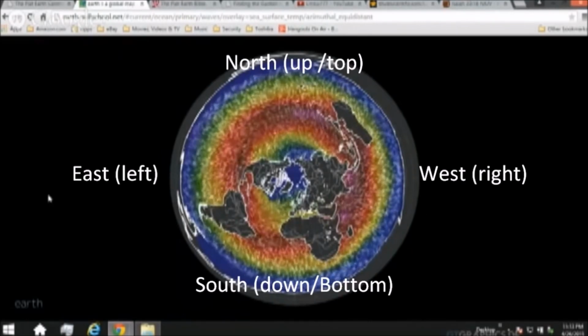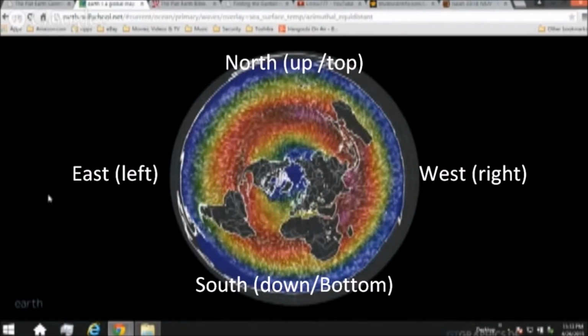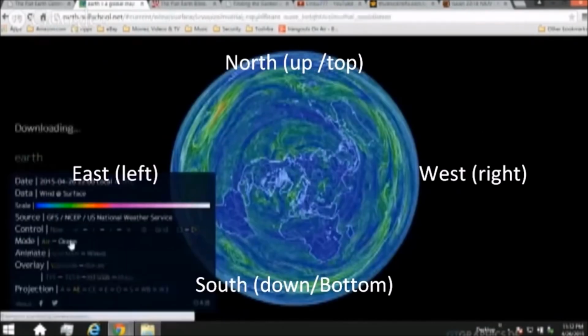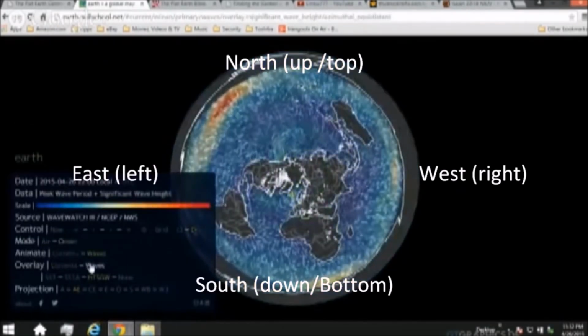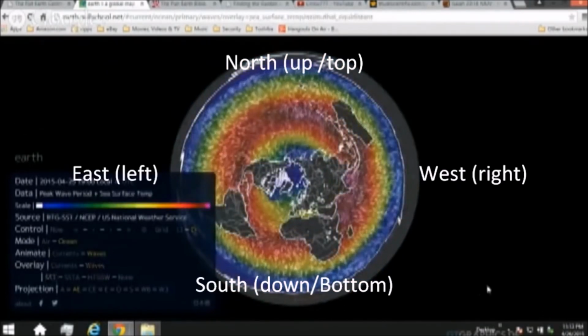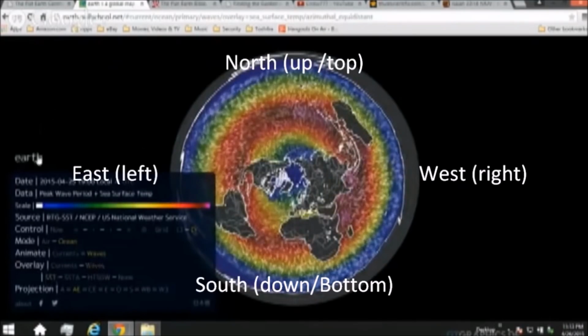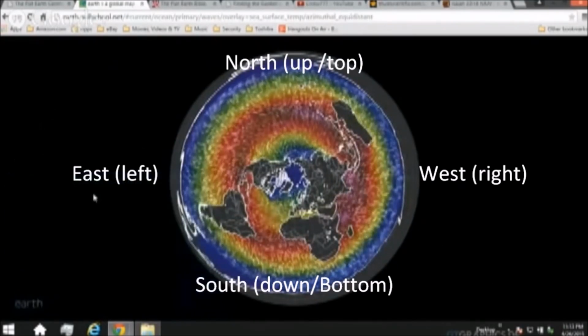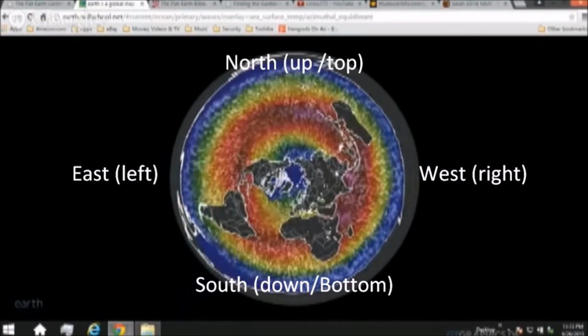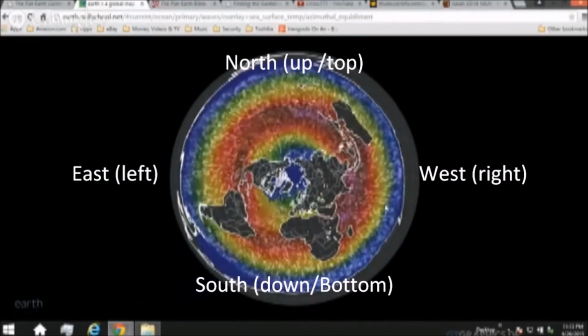But also, see how they're moving in opposite directions in the north and the south here. It's very hard to explain how that would work, unless you consider that the dome itself would possibly be separated here, and that one part of the dome is moving in this direction and one is moving in the other.